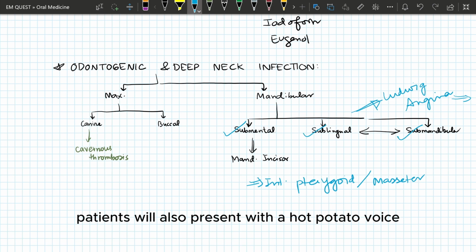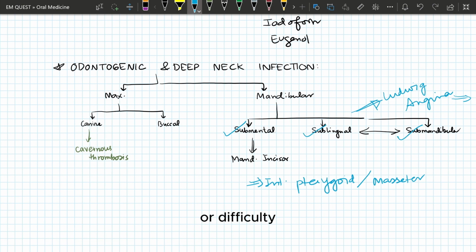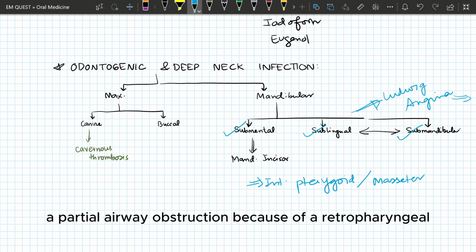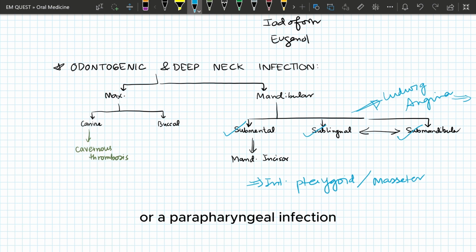Patients will also present with a hot potato voice, difficulty swallowing, or difficulty handling secretions, which basically implicates a partial airway obstruction because of a retropharyngeal or a parapharyngeal infection.